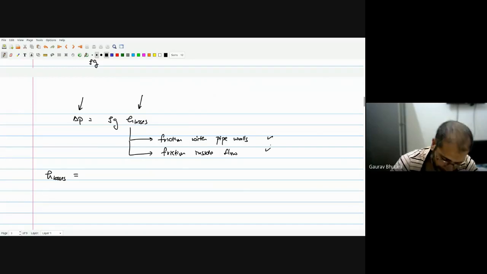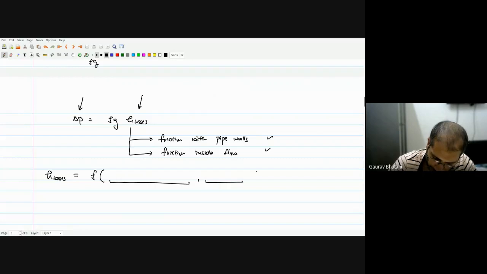We'll want to relate this as some function of fluid properties, flow properties, and some geometrical parameters. The geometrical parameters we're talking about are, let's say, L, the length of the pipe, and the diameter of the pipe. These are the two geometrical parameters.